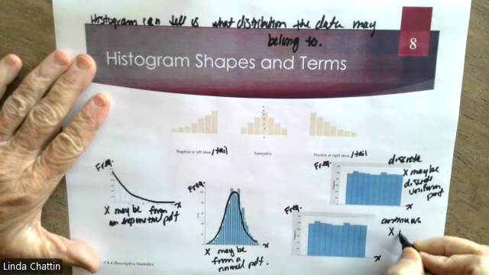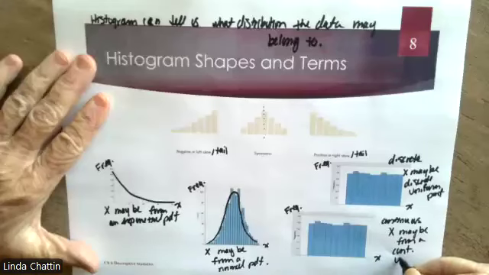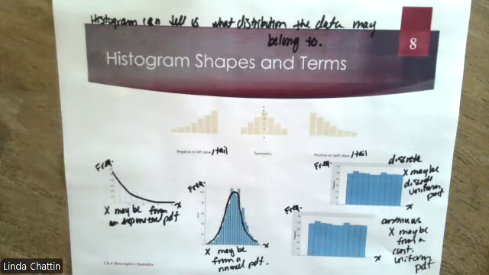And here, my random variable may be from a continuous uniform PDF. That would be from chapter 4. So that's what we use histograms for, and they're super useful and work out a lot of the time.